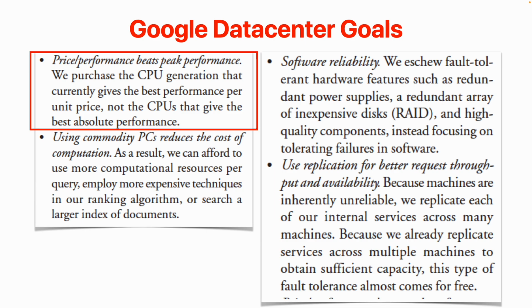But again, rather than employing more expensive techniques in the ranking algorithm or searching a larger index of documents, they would rather spend the same amount of money on more computers to compensate for the fact that they don't have a good computer. Then software reliability. At that moment, people said they wanted to provide the best service.